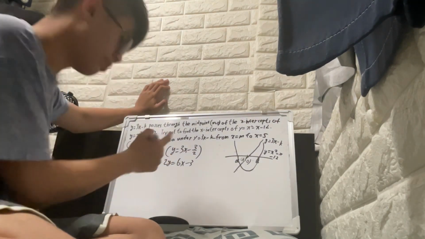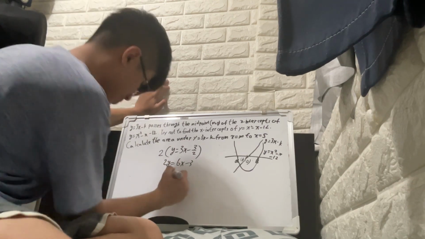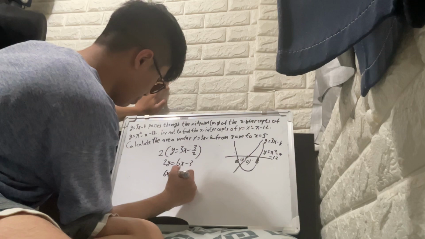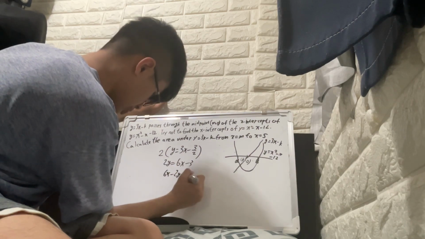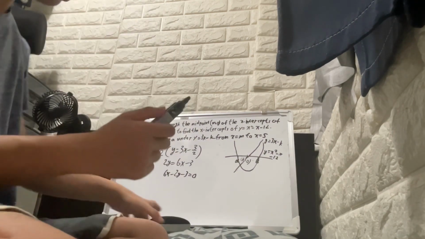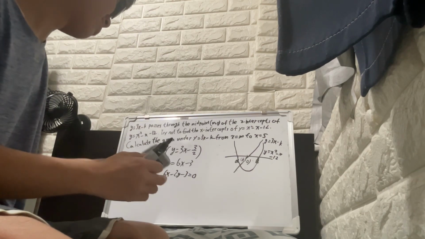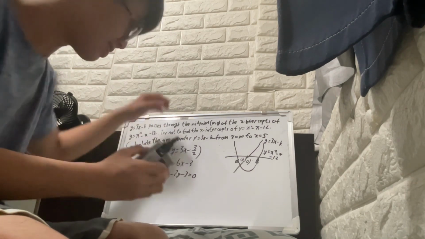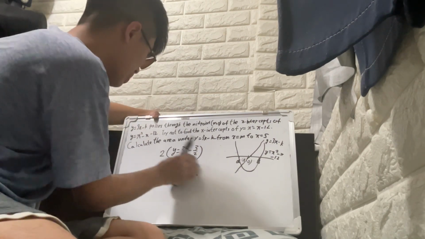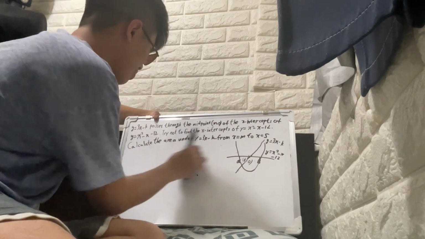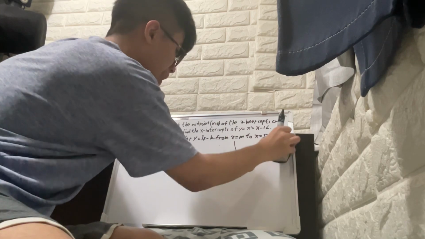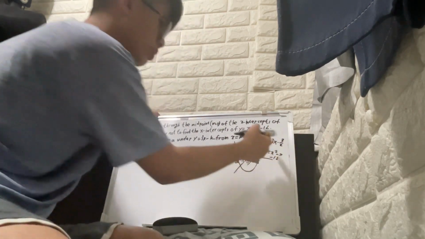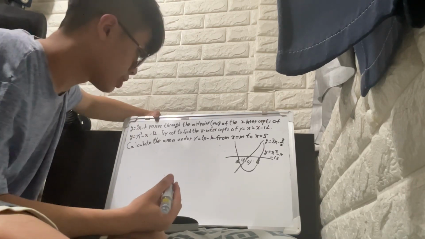So the equation is 6x - 2y - 3 = 0. But we don't need to do that, because we're going to find the area under the curve, so let me just use y as our subject.